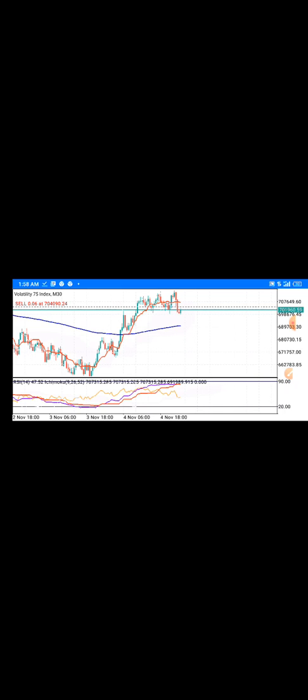Let me repeat it again. Before taking your trade, first of all, make sure that the price is in the exhaustion point. That is your number one confirmation. Number two, make sure that the Ichimoku, this one here, has crossed the line.